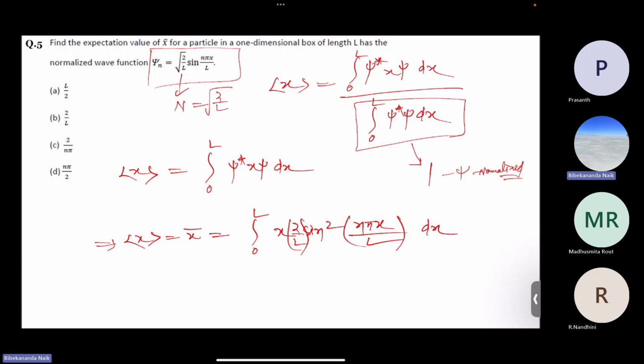Now if you integrate it, what will you get? Here it is x sine square n pi x by L.